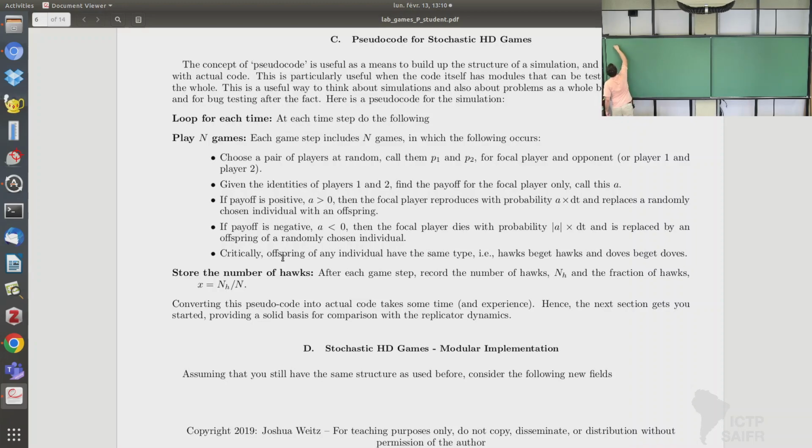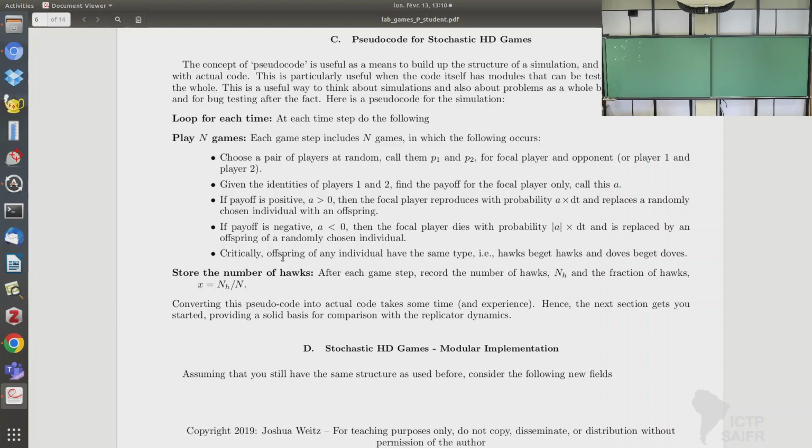So let's say that we have our payoff matrix, Hawk, Dove. We have our G minus C over 2, G, 0, G over 2, okay? This is, again, the material of last week's game theory course.